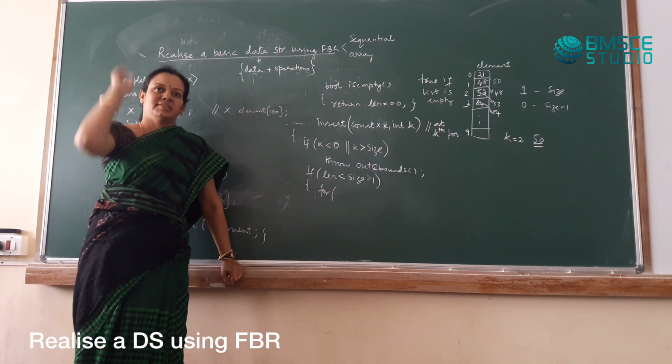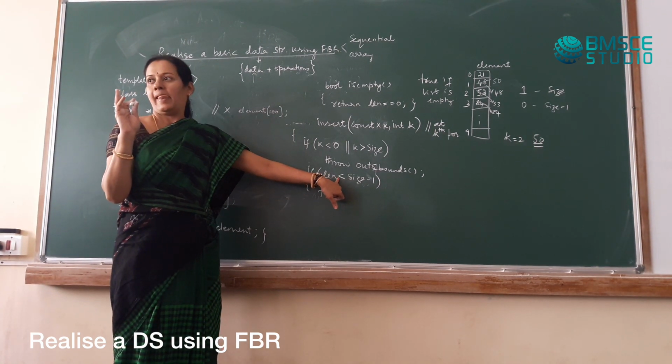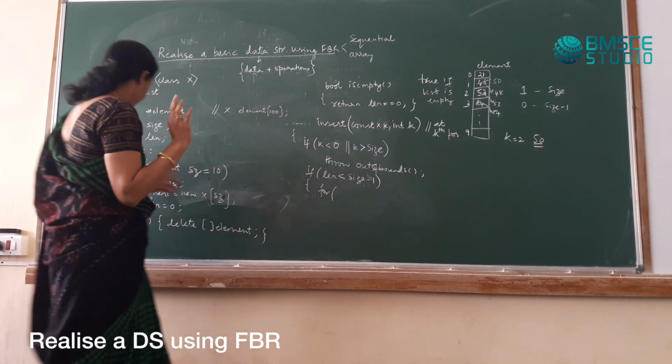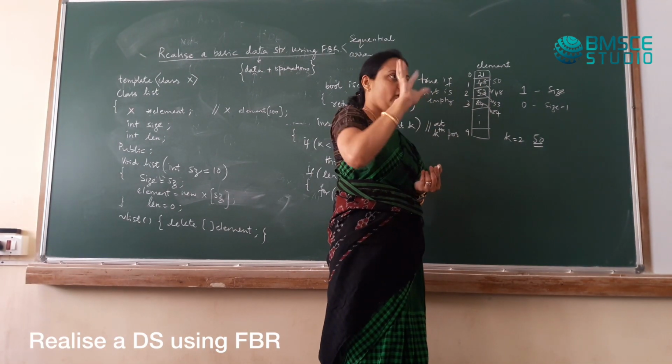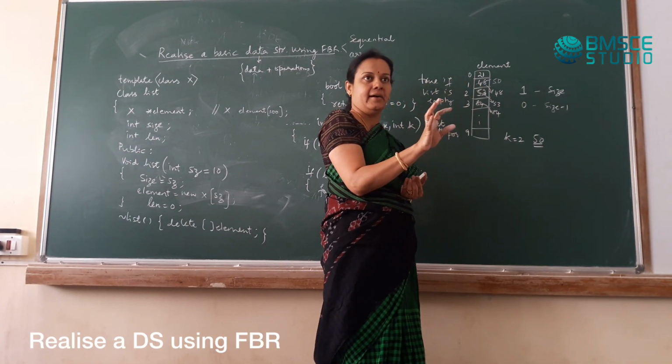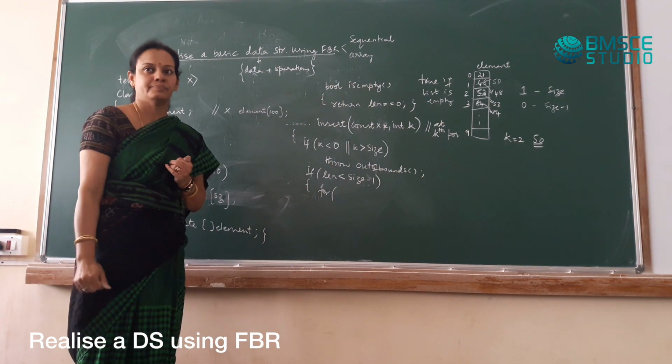You need one more extra location. That's my idea. If you add one data, length will be 1 and not 0. Then what do we do?